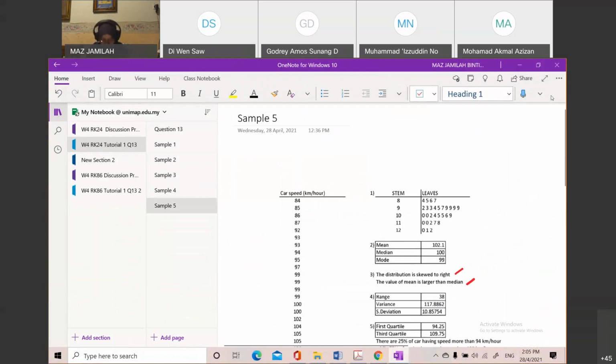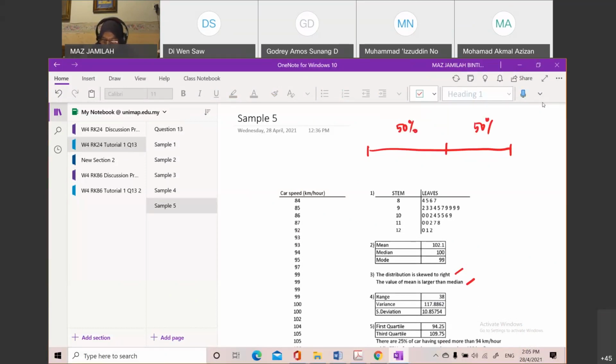using the plot, calculate the first and third quartile. So your first quartile would be what? If you have a line, you will have 50% here and 50% here.